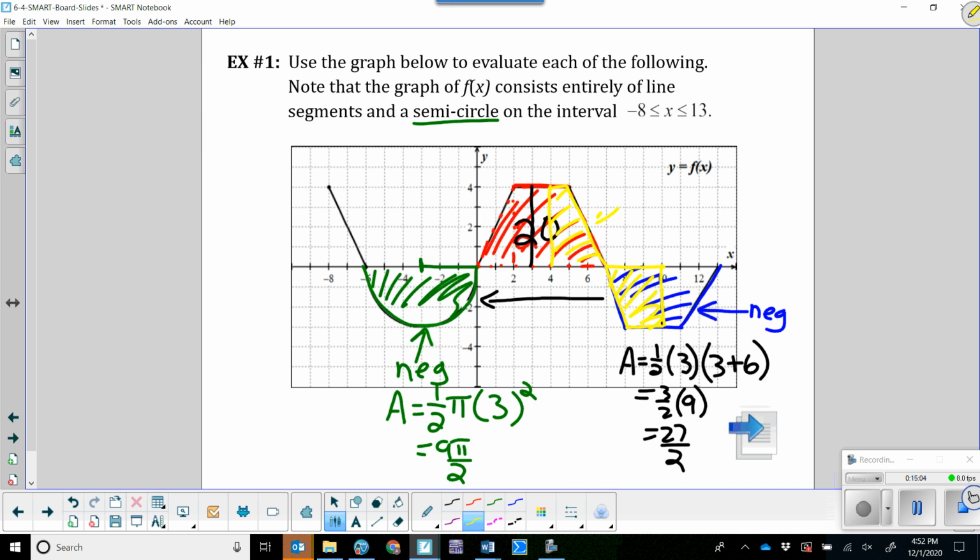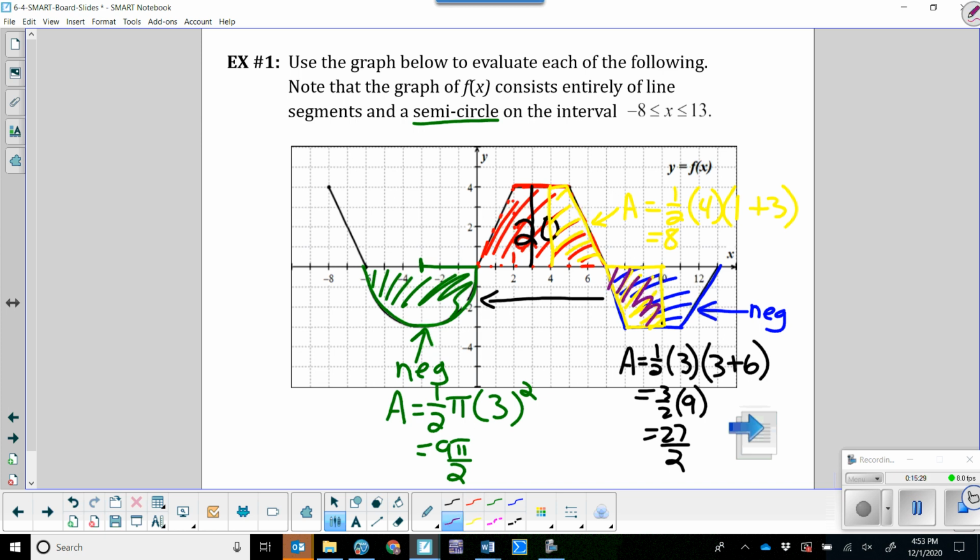So this area right here for this upper part is going to be 1/2 the height. The height is 4. Base 1 plus base 2, you've got a base that's 1 and a base that's 3. So you're going to get 8 for this area. This one down on the bottom, and I'm actually going to switch to a purple color here.